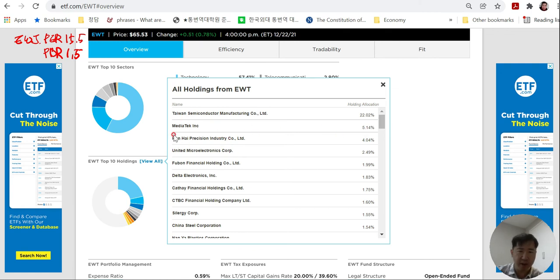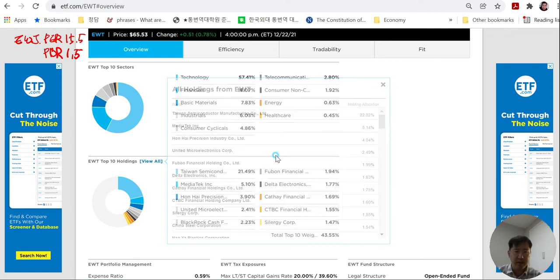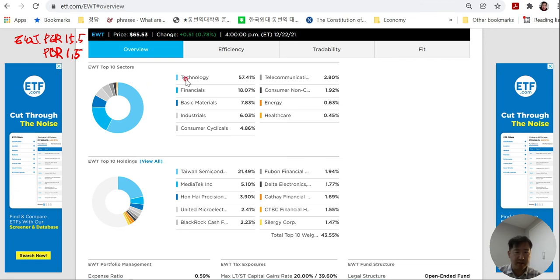They're the major manufacturer of Apple. United Microelectronics. Other than Hon Hai, the majority of them are all related to semiconductors, right? So this is a heavy industry that is related to semiconductors. 57%, right? Majority of them are semiconductor related.